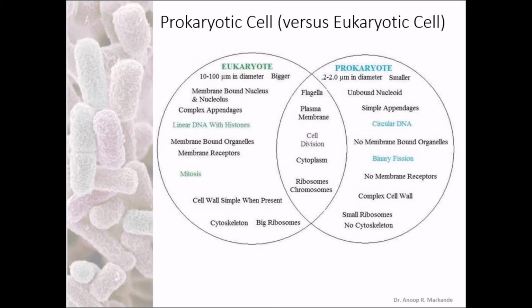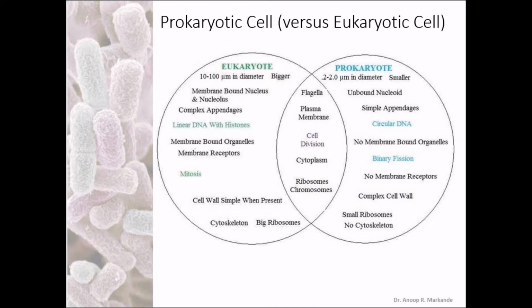Membrane-bound organelles, whether it is the Golgi complex or simple lysosome, everything is membrane bound with membrane receptors in eukaryotes, while in prokaryotes no membrane-bound organelles are seen. Organelles like ribosomes, which are non-membrane bound, can be seen in prokaryotes. In eukaryotes, mitosis can be seen. In prokaryotes, it is binary fission. No membrane receptors are present in prokaryotes within the cell.